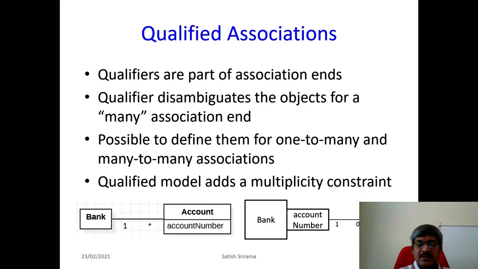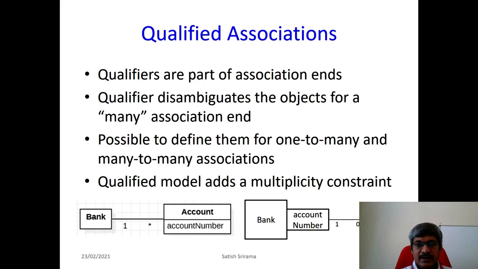This is what you can model with qualifiers. Qualifiers are possible for one to many and many to many associations. As I have explained, the qualified model adds a multiplicity constraint, as in this case of a bank having an account.